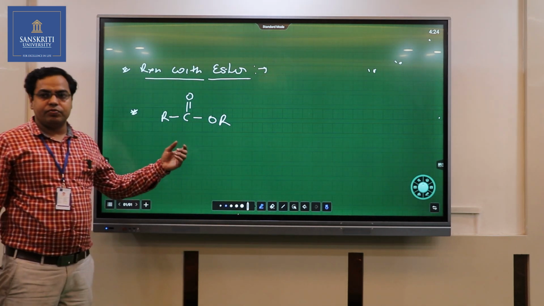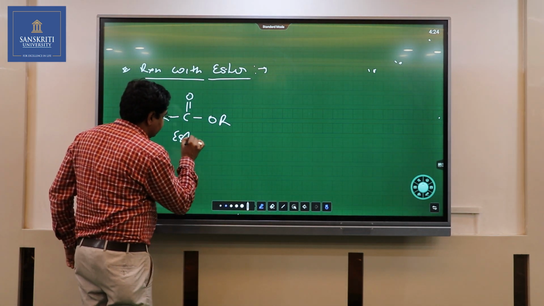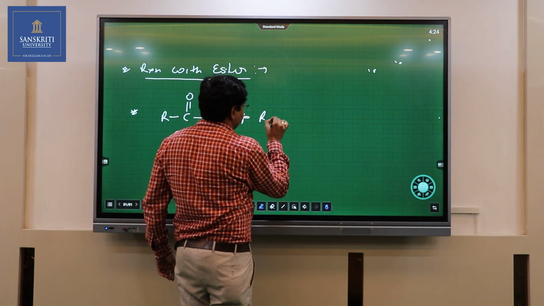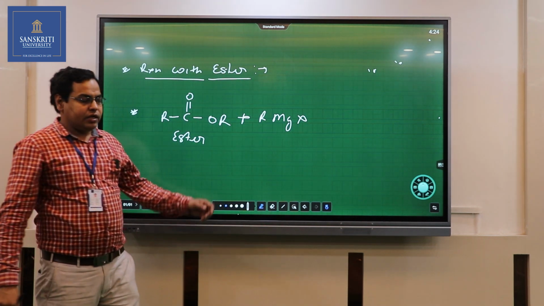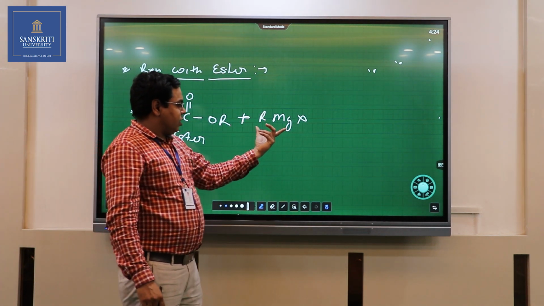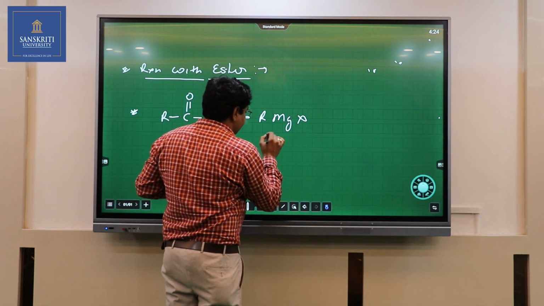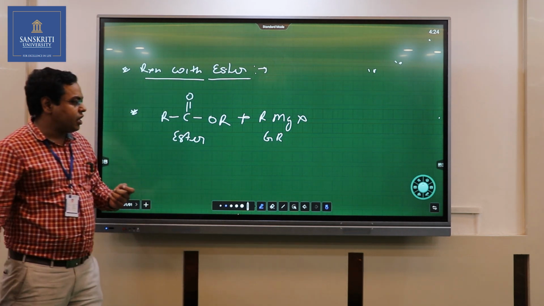This is the general structure of an ester, which reacts with RMgX, called the Grignard reagent. This is a short form of Grignard reagent.